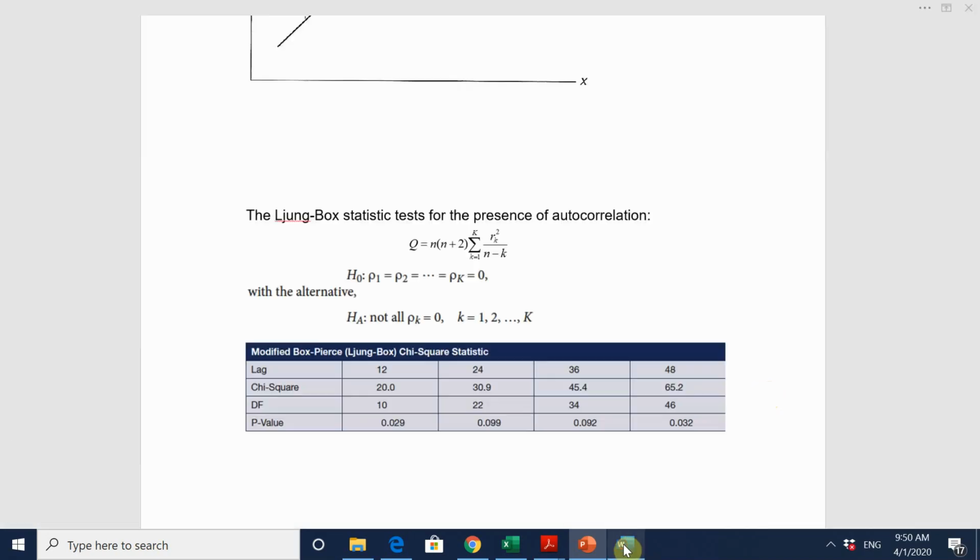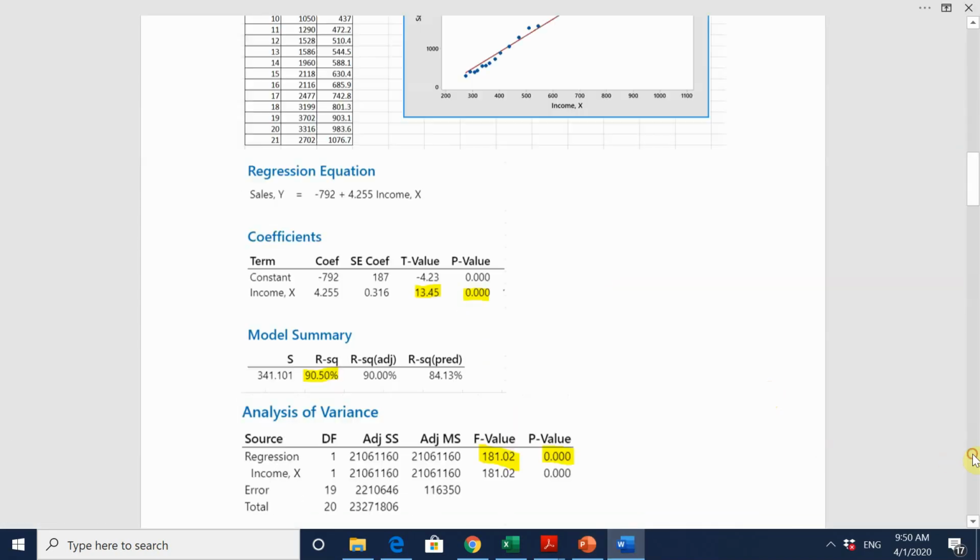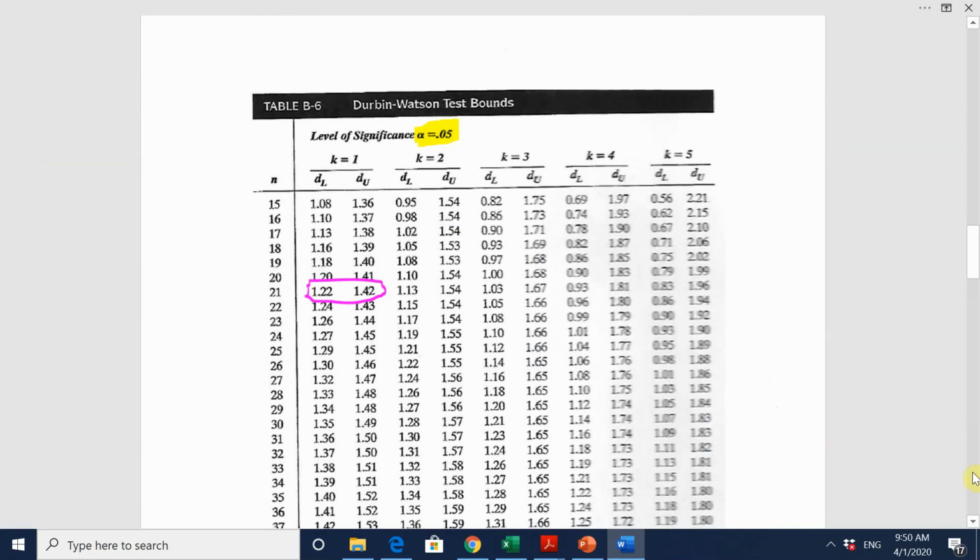So I'm going to show you very quickly what a Durbin-Watson table looks like. Here we've got one for an alpha of 0.05, and you can see there is a Durbin-Watson distribution for each sample size n. So I've got a different distribution for each n value, and I have here a pair of lower limit and upper limit Durbin-Watson statistics.